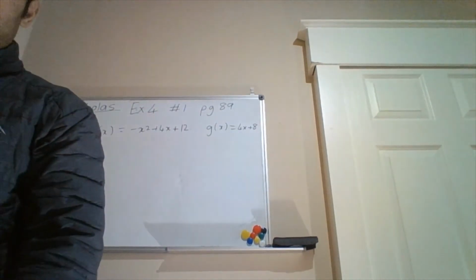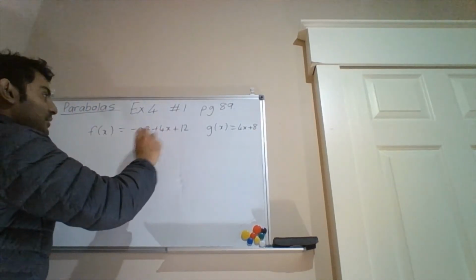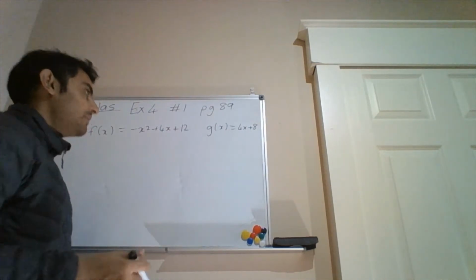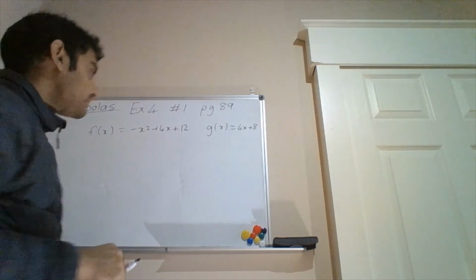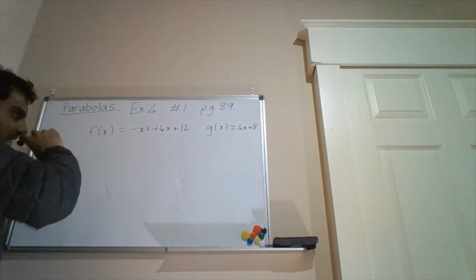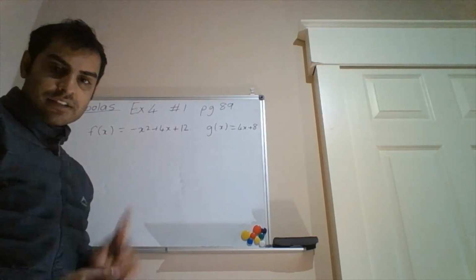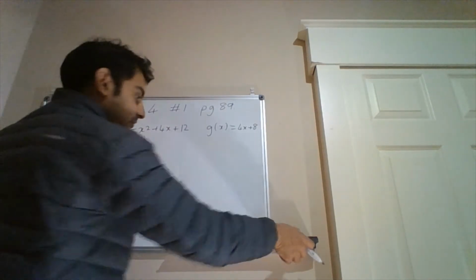So the first graph is a parabola, okay, because it's got this x squared term, an x term, and a constant. It's a trinomial. And the second graph is a straight line. So I just want to go through the methods of finding intercepts and turning points, starting with the parabola.